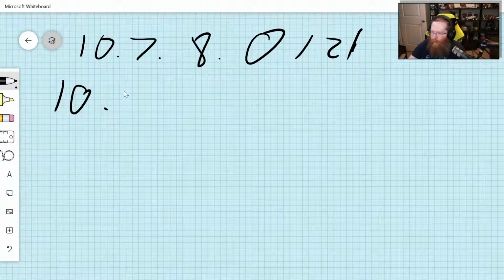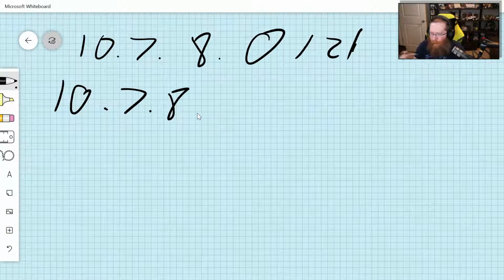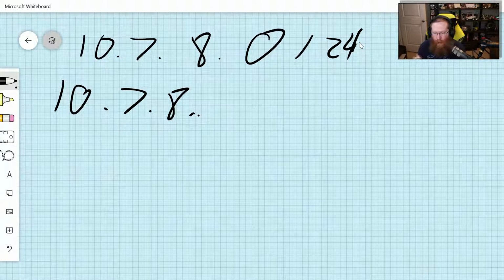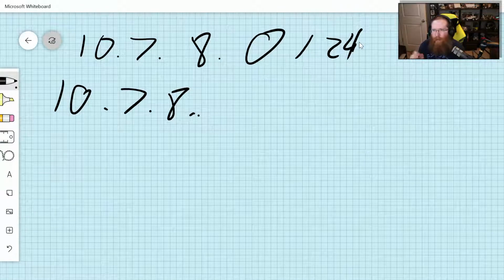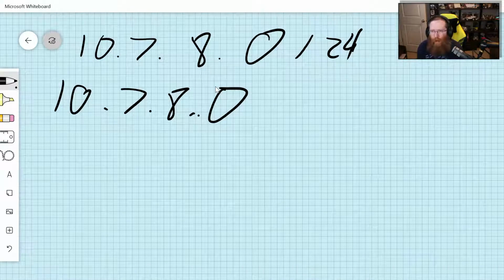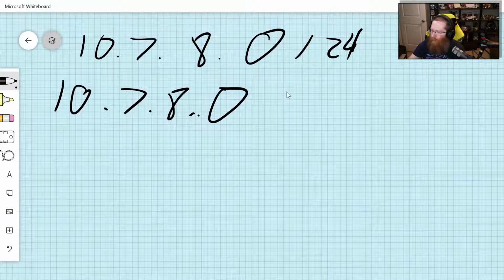The first problem that most people have is realizing that if I'm going to take a /24 network and divide it in half in any way whatsoever, what's my network ID of the first network? Well, it's always going to be 0. If your initial network started with a 0, it's going to be a 0. Whatever your network started with, that's going to be the first of your brand new networks.